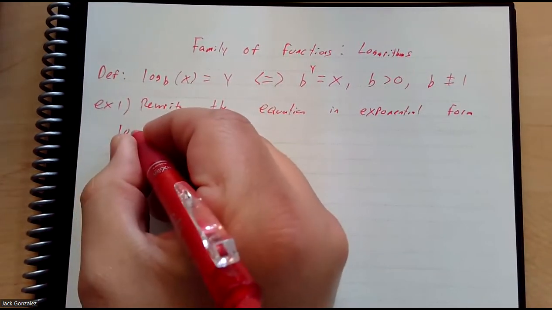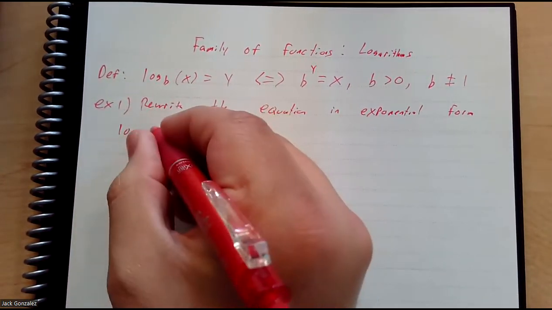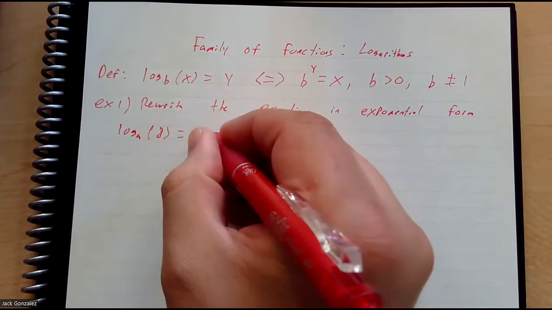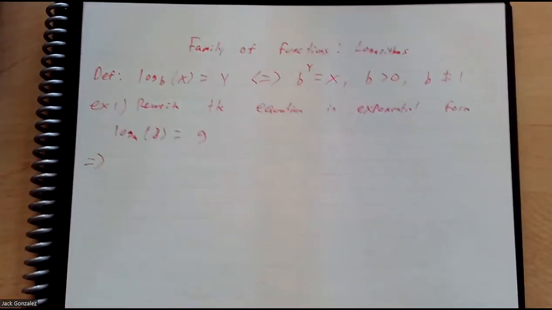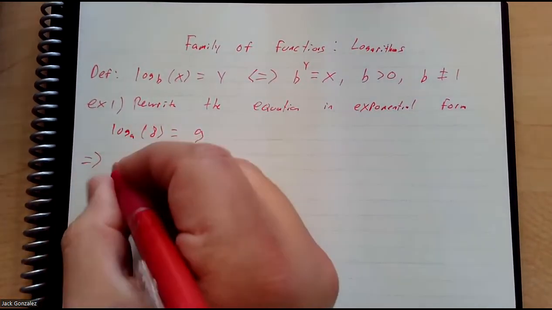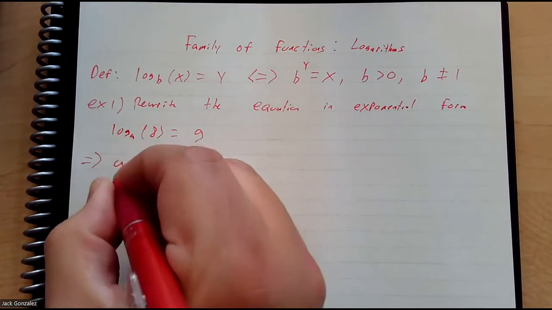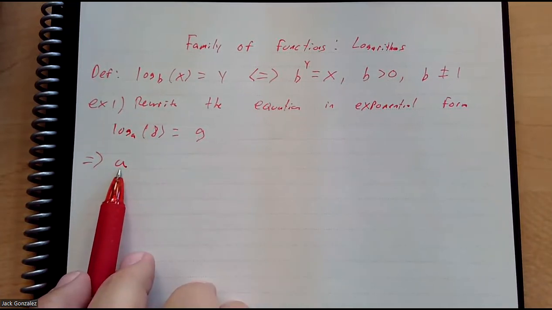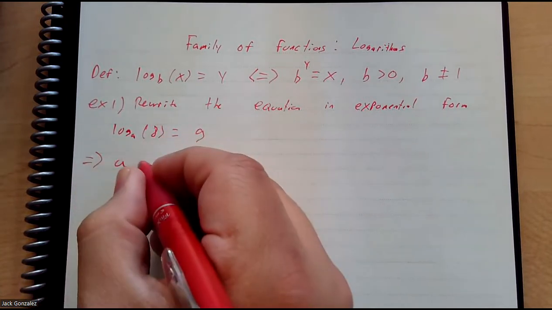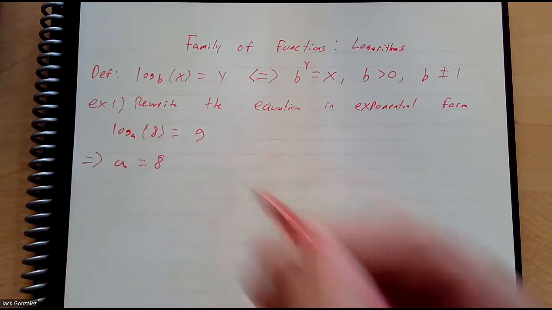So log base a of 8 equal to g. So change it. So the base a is going to be still the same base for the exponential. It's going to be equal to the argument of the log.